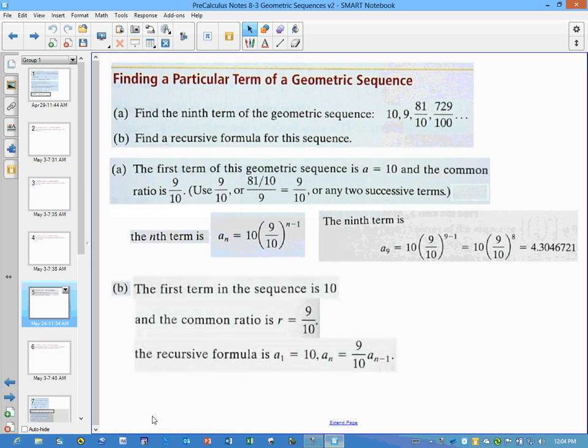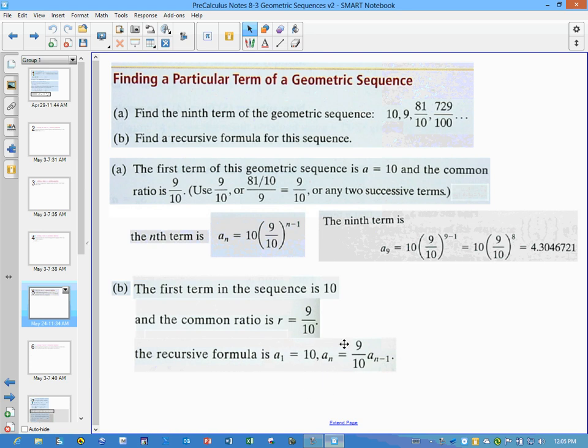We can think of this as if the first term is 10 and the common ratio is 9/10, then we can simply use the fact that a sub n is going to be 9/10 times the term before it, but you do also have to identify a starting point.